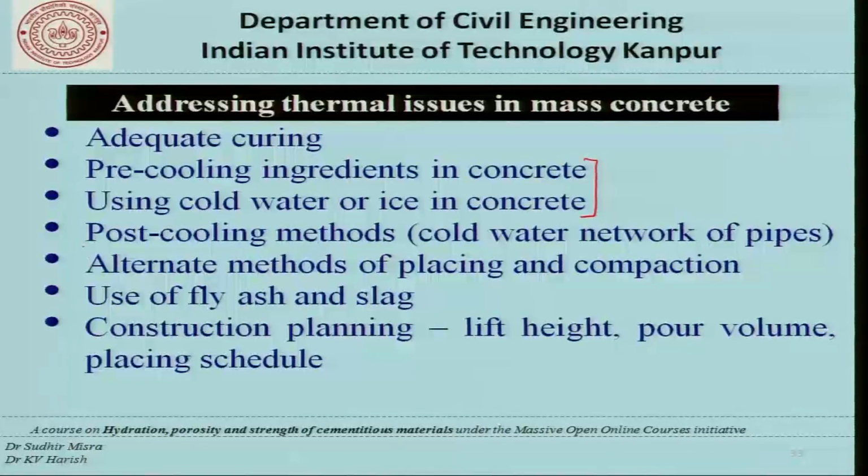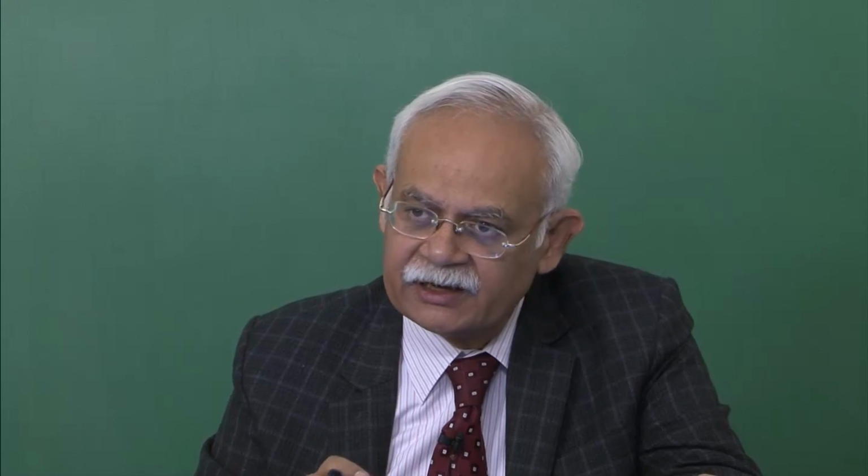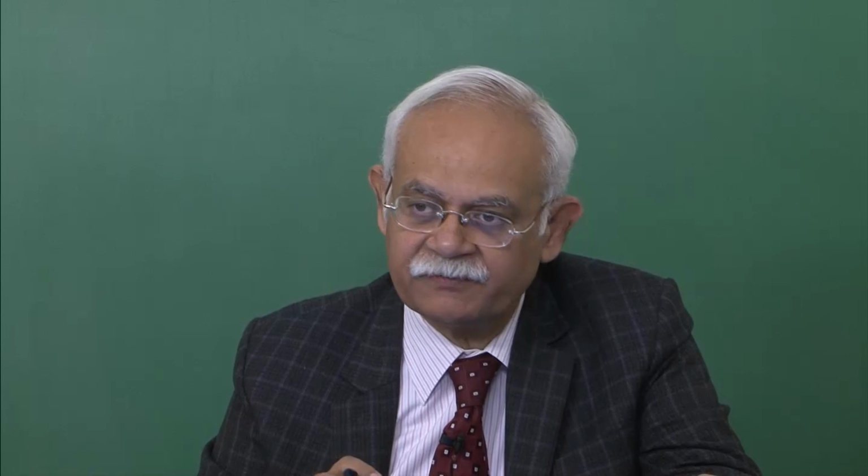Then there are methods which are available which are called post-cooling, where we do that with cold water network of pipes, alternative methods of placing and compaction, use of fly ash and slag as supplementary cementitious materials, and construction planning, where we talk in terms of how much should be the lift height, what should be the pour volume, what should be the placing schedule, because we know that if we want to cast a large block of concrete, we can break it up into smaller blocks of different sizes.